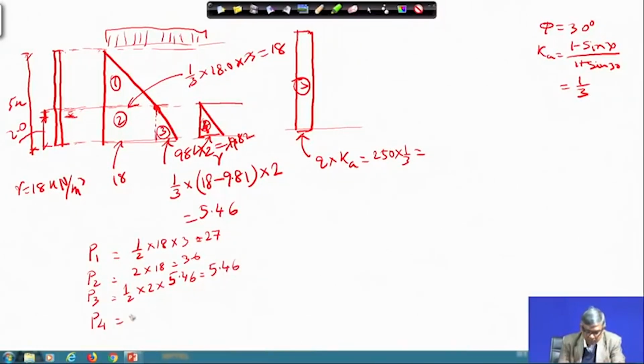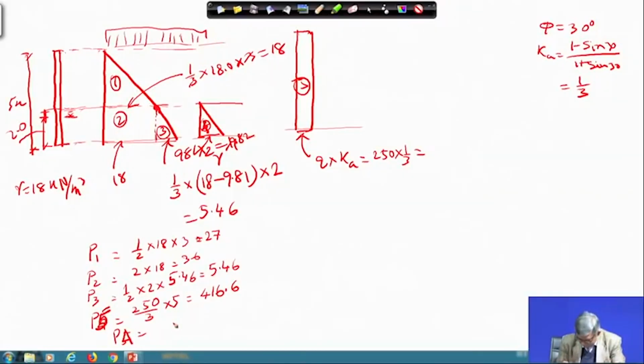Then P4 will be equal to 250 by 3 multiplied by 5, which is 416.6, and P5 will be equal to, okay, as per the notation I have used, this can be used as P5 and this is P4, as I have mentioned.